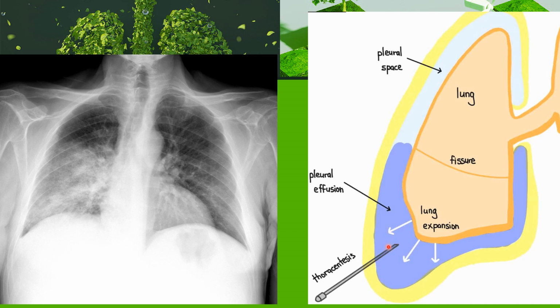If we take out the whole fluid rapidly, this lung will expand, and once it expands, the blood vessels also reopen, the blood flow increases, and fluid extravasates from the capillaries into the interstitium and alveoli, called pulmonary edema.